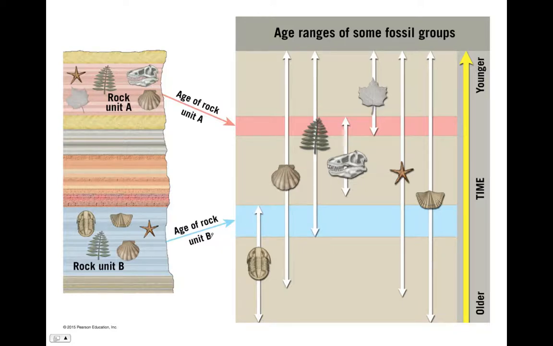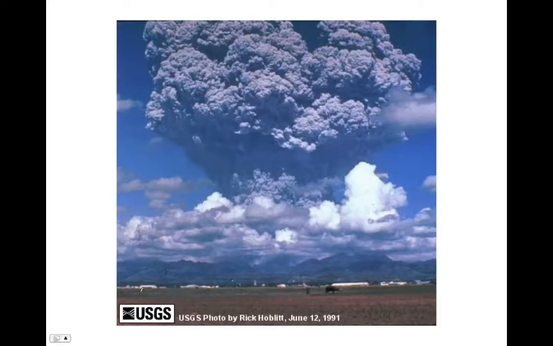Okay, so we can use this idea of fossil succession to come to some conclusion of the absolute age of sedimentary rock if we have no known reference in absolute time. So we have no nearby igneous rock or metamorphic rock of known age, and we cannot correlate this sedimentary rock with any other sedimentary rock of known age in the area. So we can use fossil succession to come to some conclusion about the absolute age of sedimentary rock in that case.